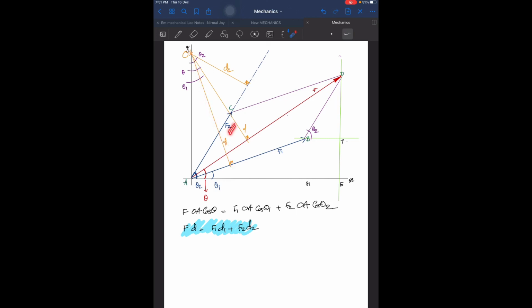But in the case of F2, we cannot draw a perpendicular towards the moment center. In that case, we have drawn the line of action and a perpendicular towards O, and we have taken that distance. So this is how you find the arm of the moment, to find the moment. So d1, d2, F1, F2. This is what Varignon's theorem states.